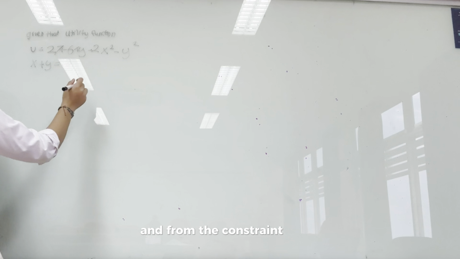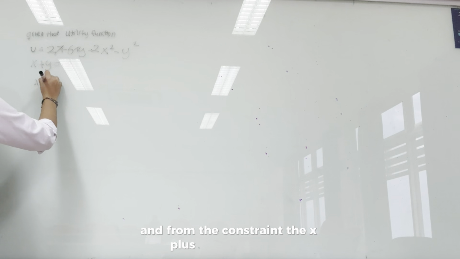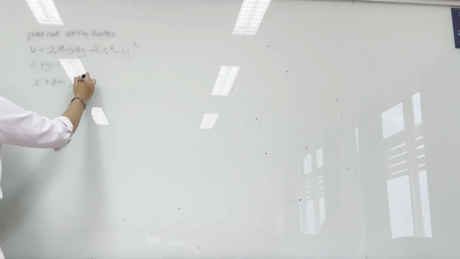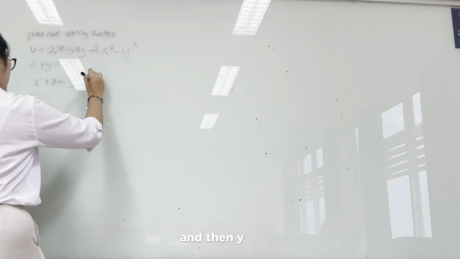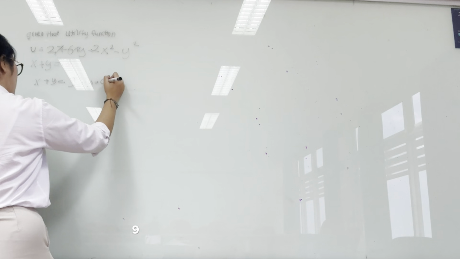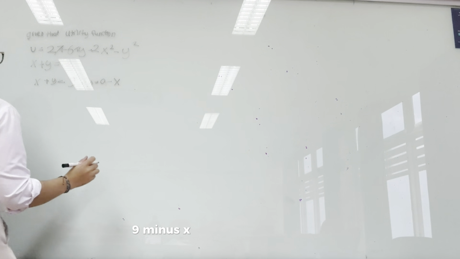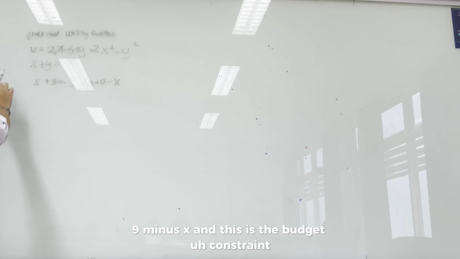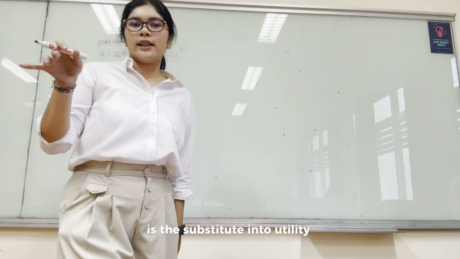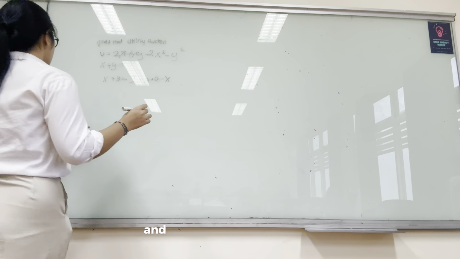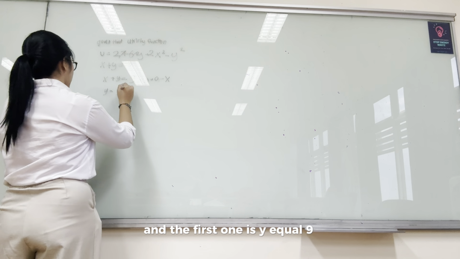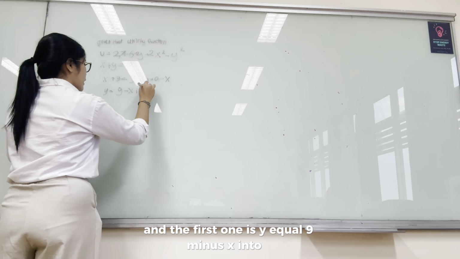And from the constraint, the x plus y equal 9, and then y equal 9 minus x. And this is the budget constraint. So what we have to solve right now is to substitute y equal 9 minus x into U.